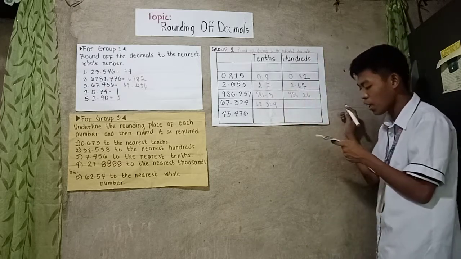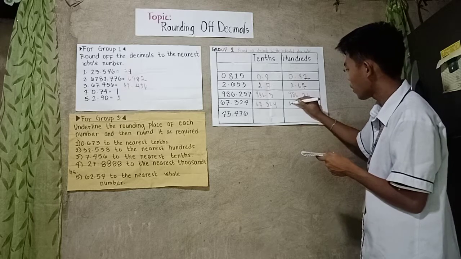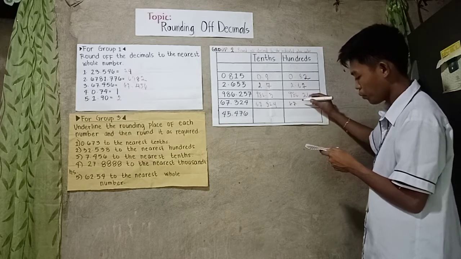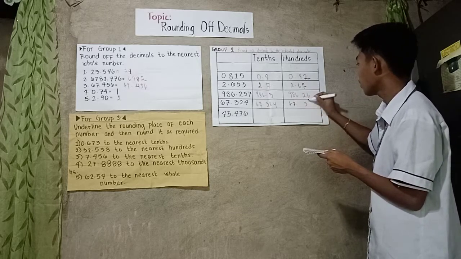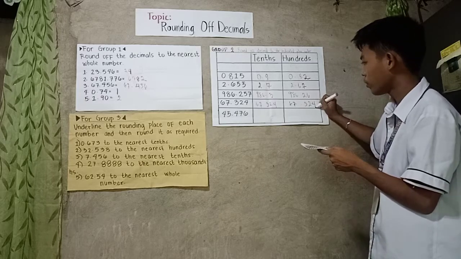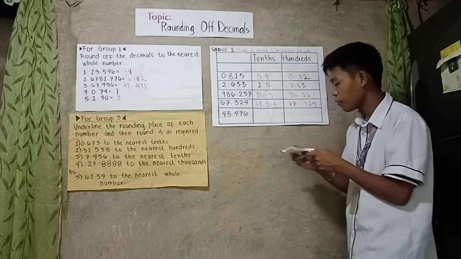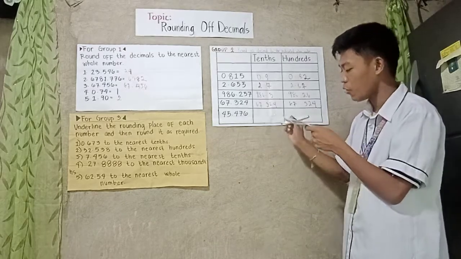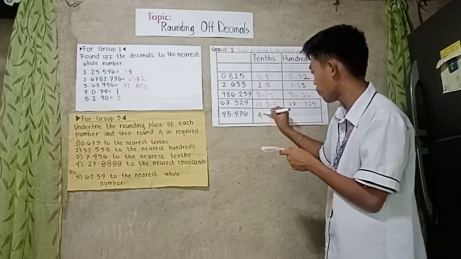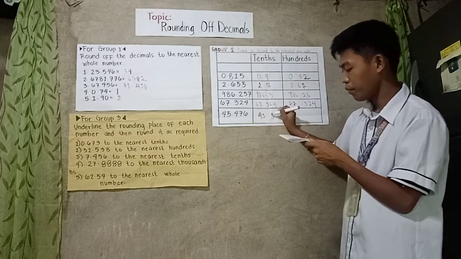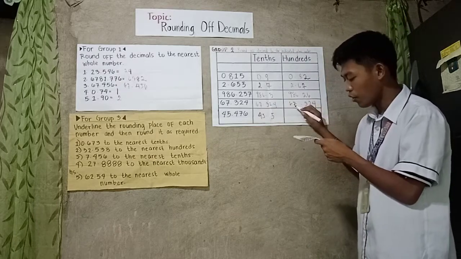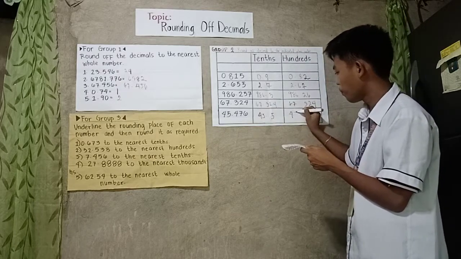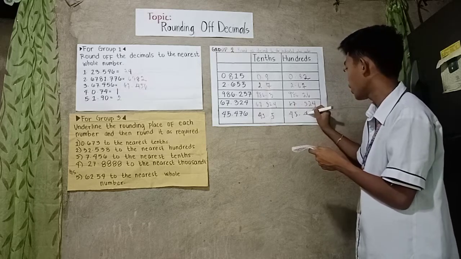And for the hundreds, we have 67.324. Lastly, we have 45.476. So the answer for this is 45.5. And for the hundreds, we have 45.48.